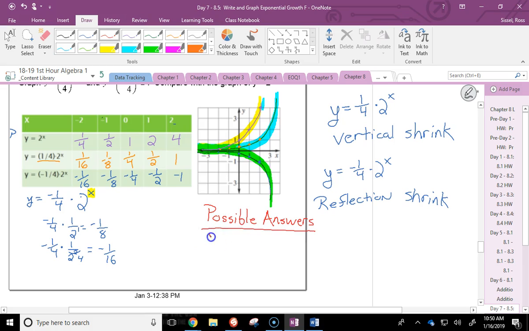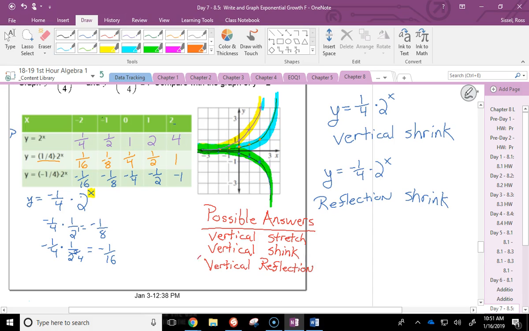Our possible answers can be a vertical stretch, vertical shrink, and a vertical reflection.